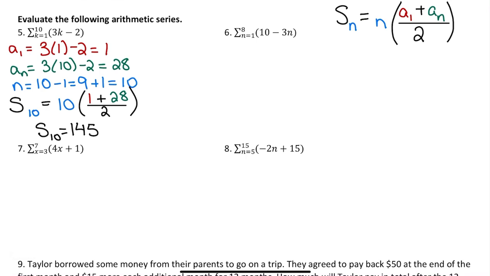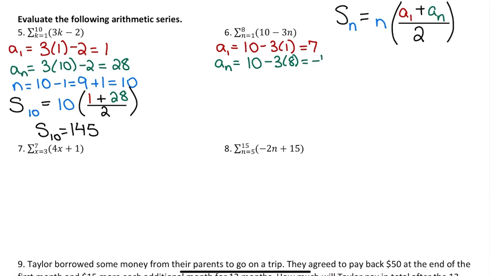Number 6. We can find the first term by substituting 1 in for n. And we get the first term as 7. The last term of the series we can find by substituting 8 in for n.